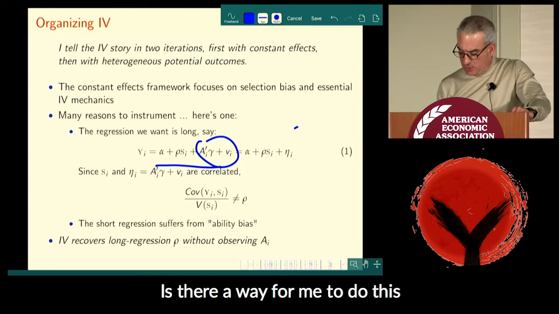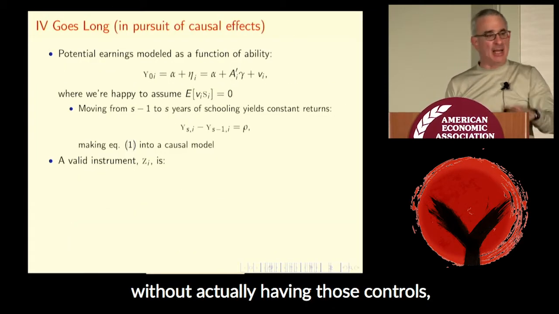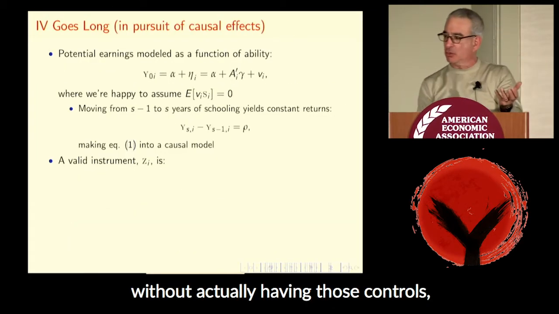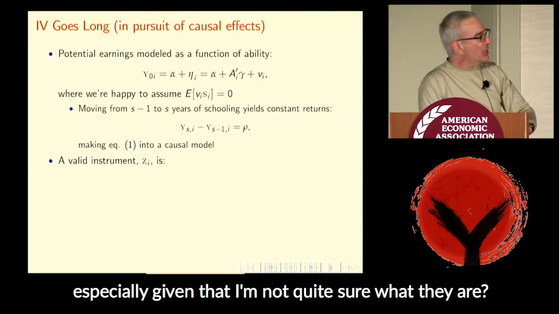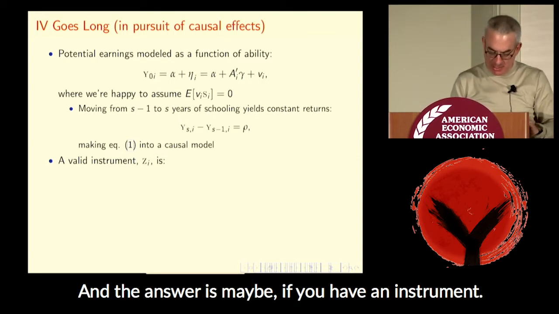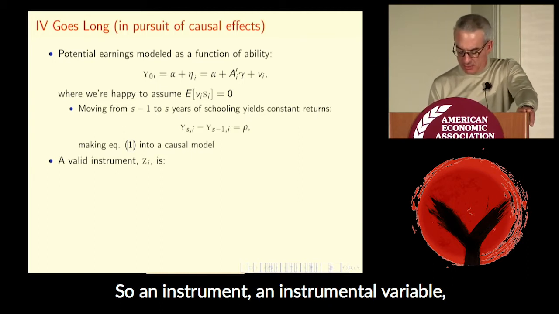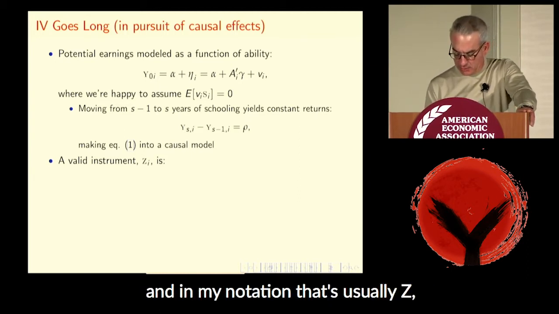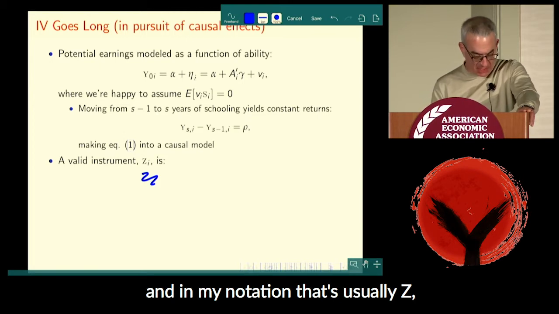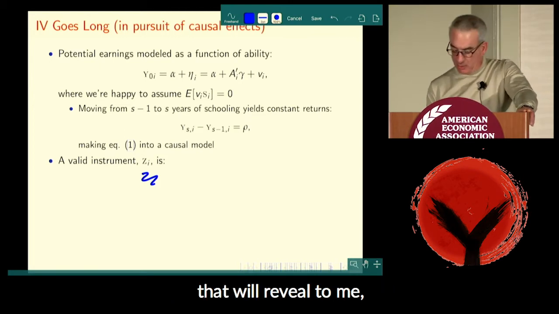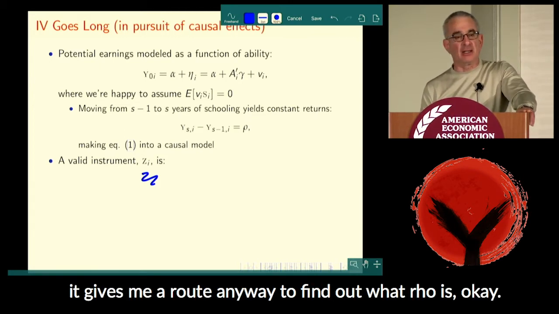Is there a way for me to do this without actually having those controls, especially given that I'm not quite sure what they are? And the answer is maybe if you have an instrument. So an instrument, an instrumental variable, or an instrument for short, and in my notation that's usually Z, gives me a route anyway to find out what rho is.